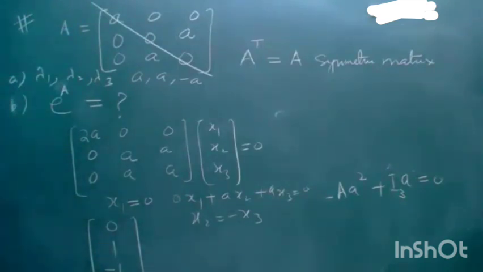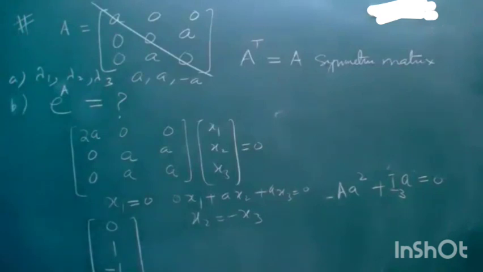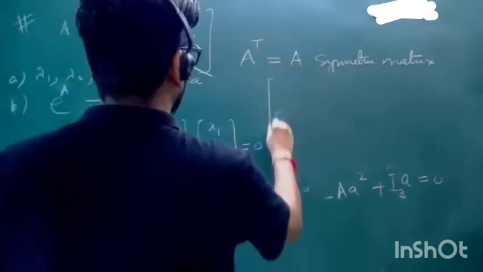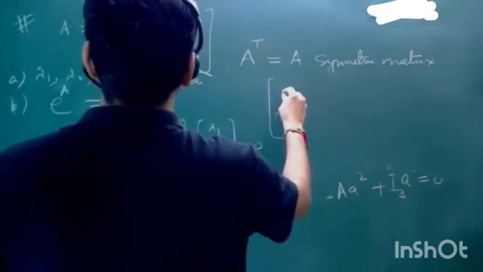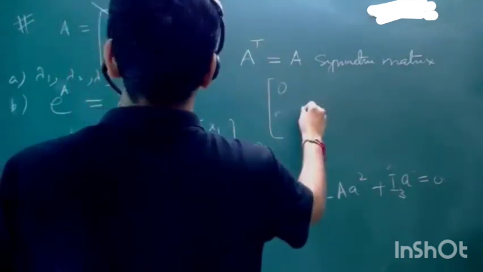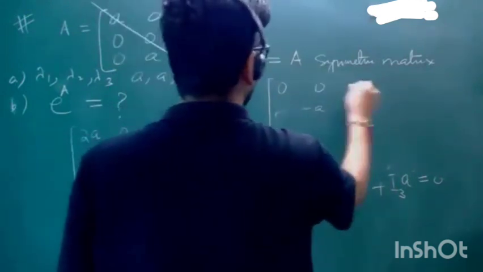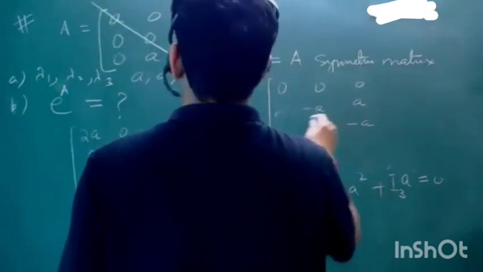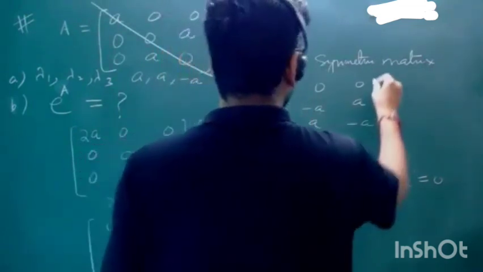Yes, sir. And what about the next eigenvector, corresponding to a? Sir, 0 1 1 is coming for a. No, if we put the second a, what is coming? Tell me quickly. 0 1 1 0, here there is a minus and here also a minus. So it will become 0 0 a and 0 0 a. This is what is coming, right?